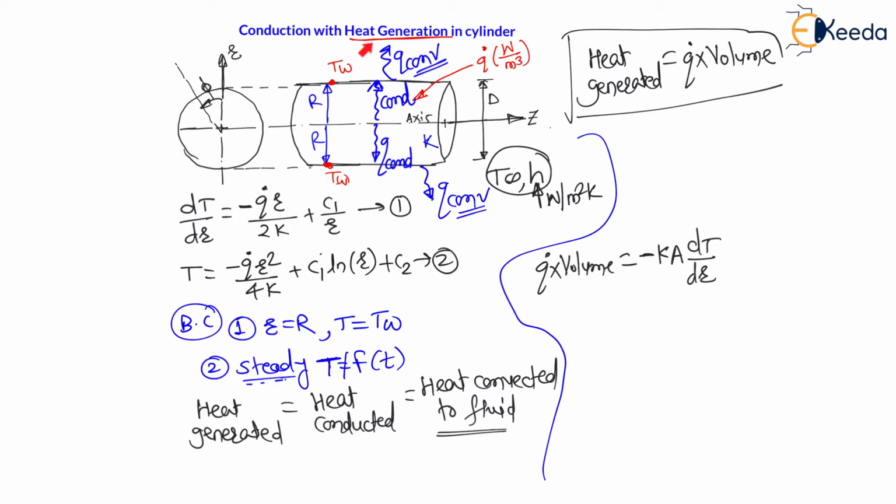The direction of heat transfer is radial, and for the radial direction the perpendicular area is 2 pi r into L, the area perpendicular to the direction of heat transfer. This is again equal to heat convected to the outside fluid, which is hA into T wall minus T infinity, that is wall temperature minus fluid temperature. This is how we calculate convection heat transfer.